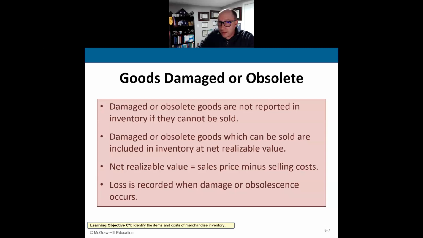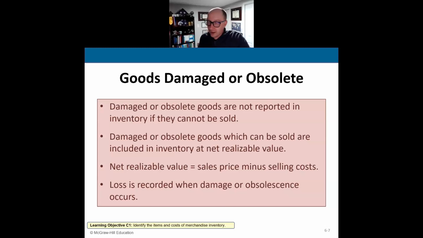What I mean by that is if it's damaged beyond repair, like the television that I was going to sell that's in my inventory, the screen is smashed, okay? I can't sell that, right? So it's damaged beyond repair. So in that case, I have to take it out of my inventory because I can't sell that.